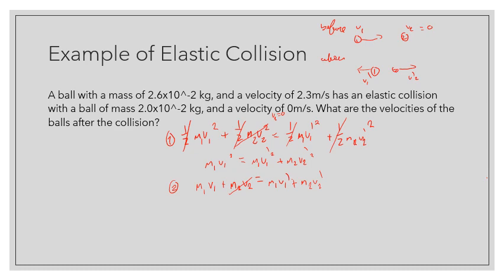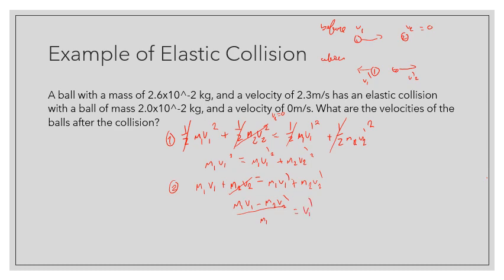First, let's arrange equation 2 to find v1 prime. So m1v1 minus m2v2 prime, all over m1, is equal to v1 prime.